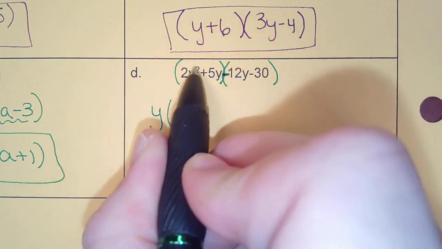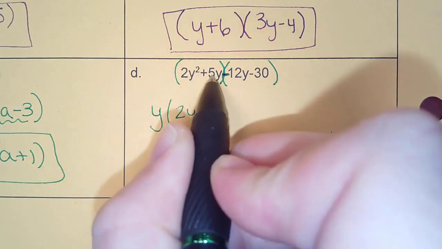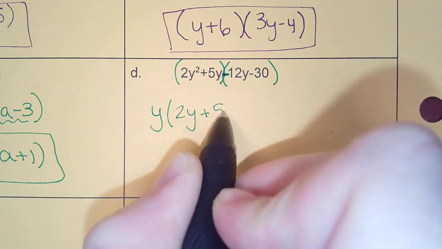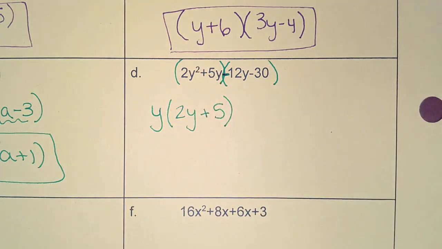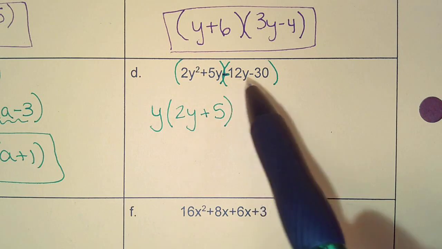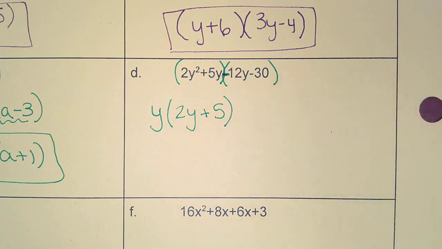So that's going to drop this one down to just 2y, and that y goes away, so plus 5. GCF of 12 and 30. So I know they're both divisible by 2. That would leave me with 6 and 15, which are still both divisible by 3.